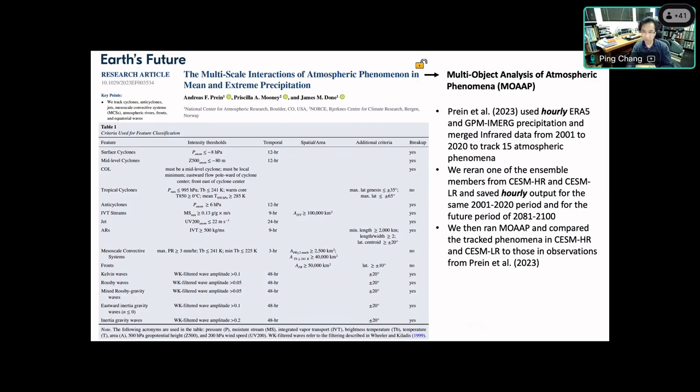So we decided to rerun one of the ensemble members from the same period, 2001 to 2020, and save the hourly data from both the high resolution runs and the low resolution runs. Then we did the tracking, and we can compare our model simulation to the reanalysis, and see to what extent changing model resolution can better capture this kind of atmospheric phenomenon.